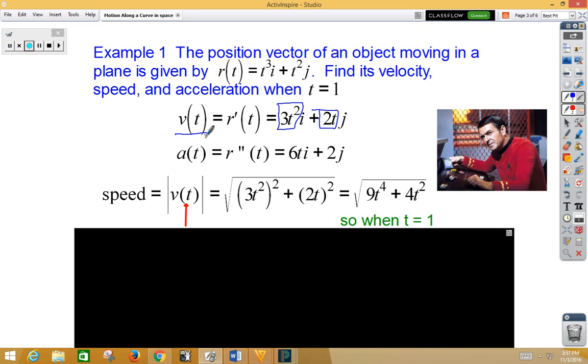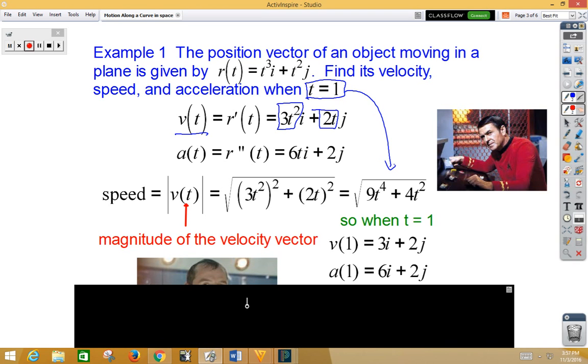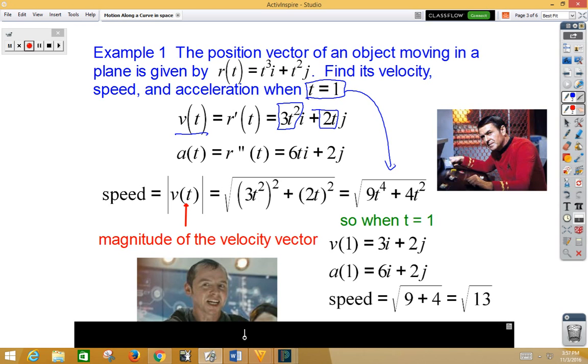So now what happens when we plug in a 1 to get our speed? If we plug in a 1, we're going to get 3i plus 2j for our velocity. Our acceleration is going to be 6i plus 2j, and our speed, when we plug in, is going to be 9 plus 4, the square root of 13.